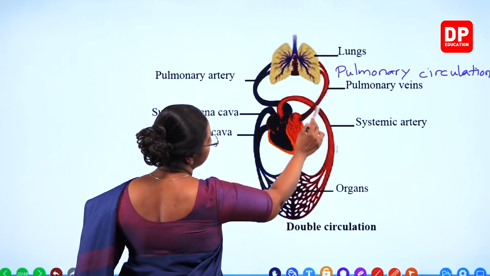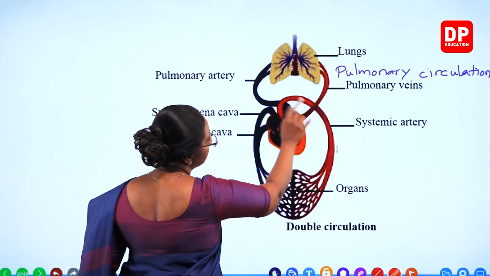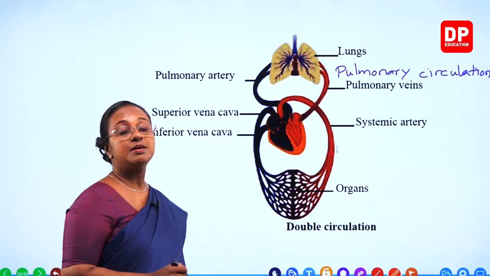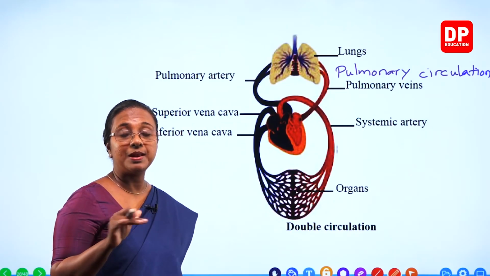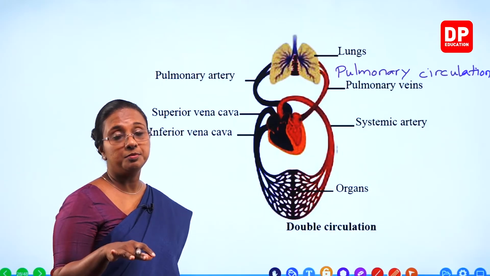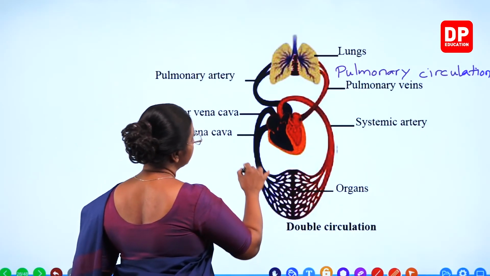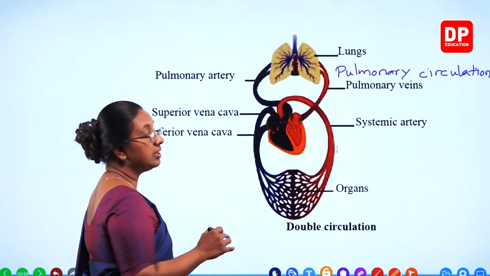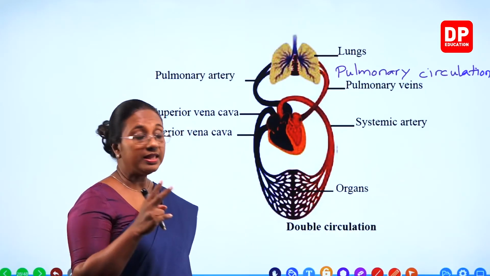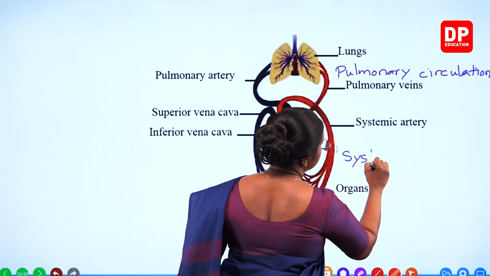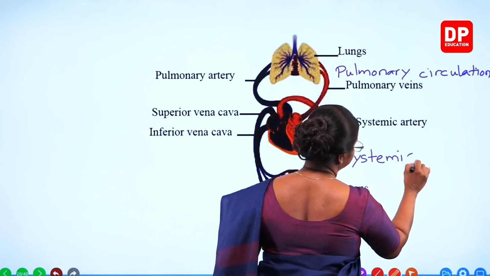From there, from the aortic arch, the aorta takes the blood into the systemic arteries where blood is supplied to various parts of the body. Then again, from there, deoxygenated blood comes back to the heart. This particular circulation is known as the systemic circulation.